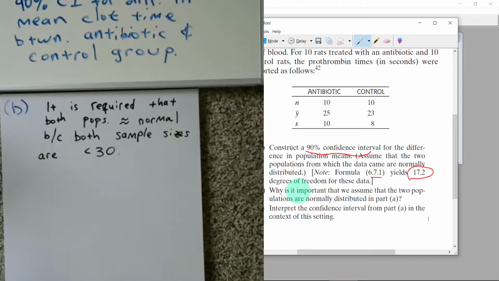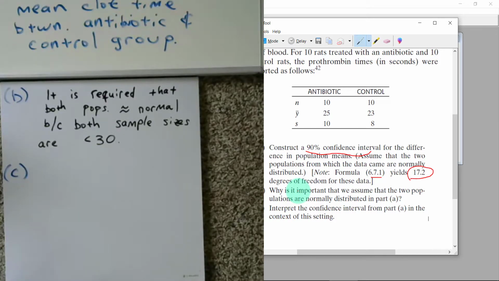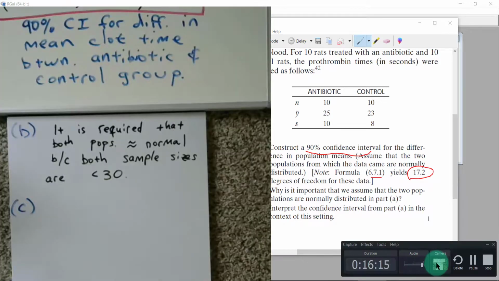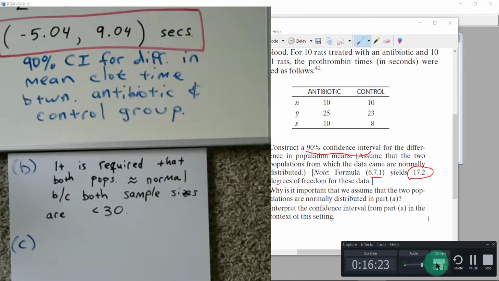Let's look at part C, interpretation. Something to notice with our confidence interval from above: the interval spans from about -5 to +9. What value is important when we're talking about a difference between two things?